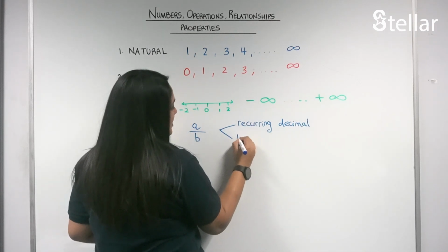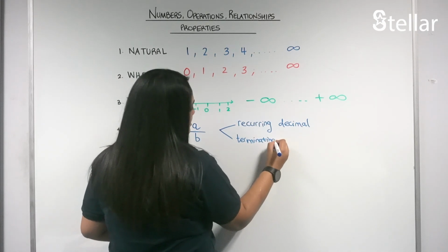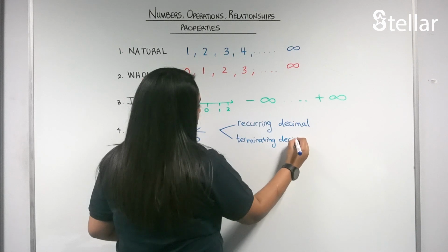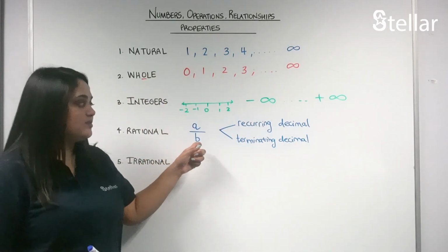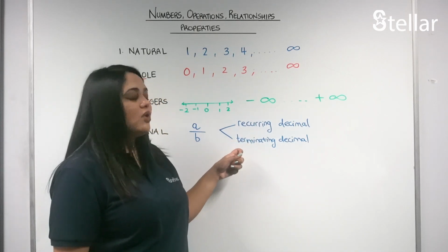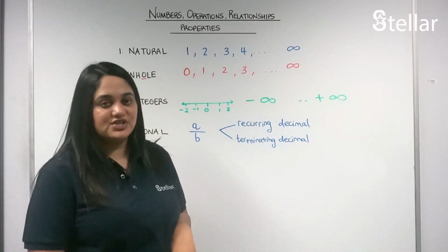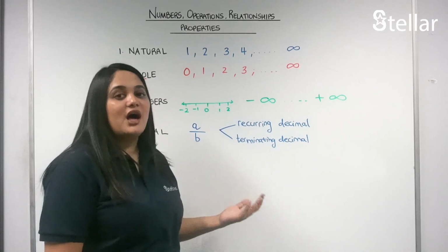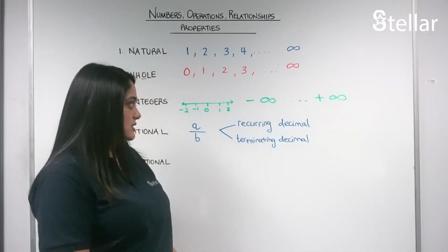And it must have a terminating decimal. So if this fraction gives you a recurring decimal, or if it gives you a terminating decimal, those values are rational, right? For example, half or a quarter, those are rational numbers.